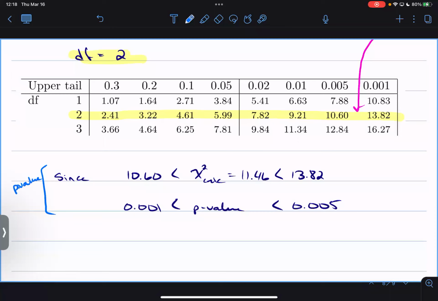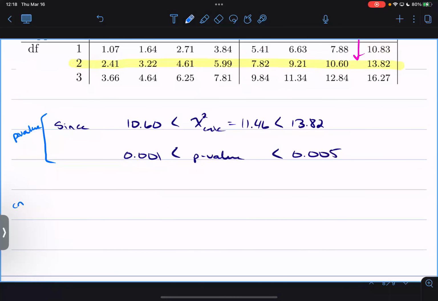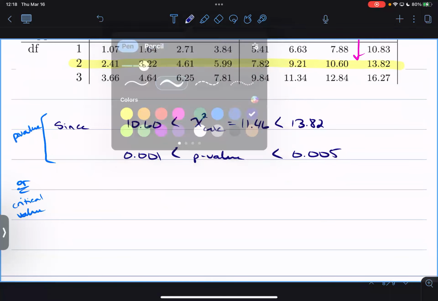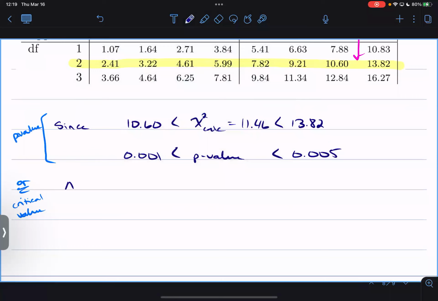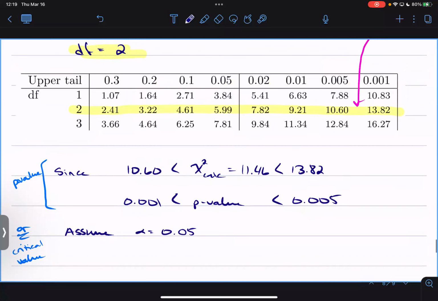Or if you prefer to use the critical value approach, I just want to give you both. We're going to assume that alpha is 0.05 because they didn't tell us what it was.